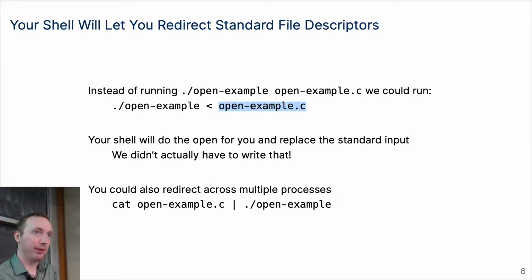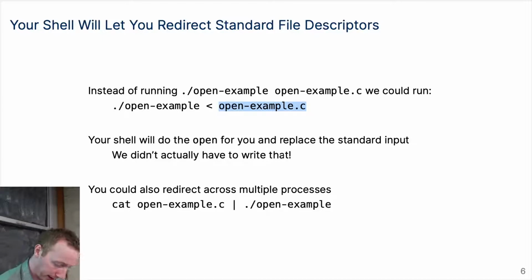Other fun things you can do: there is this pipe character that essentially takes a process on the left and connects its standard output to the process on the right. So anything that comes out of cat openExample, which would normally go to file descriptor 1, standard output, which would just dump the contents of a file, instead of going to your terminal, would go to this process as standard input.